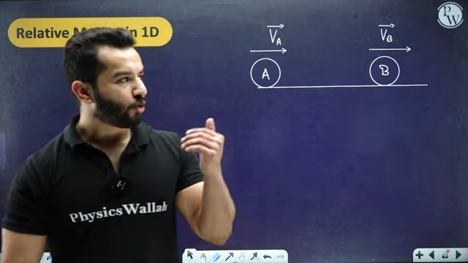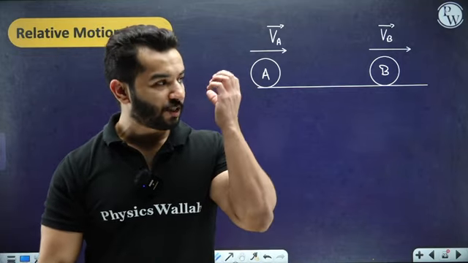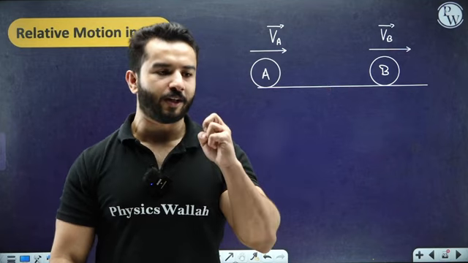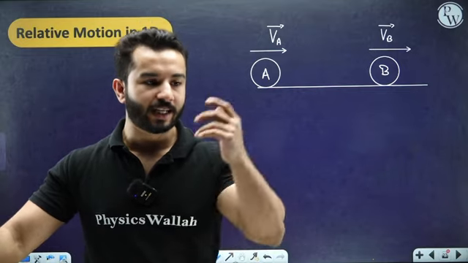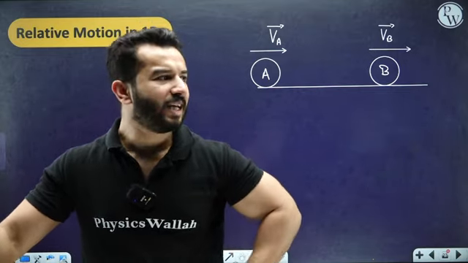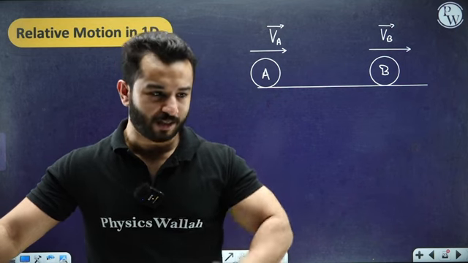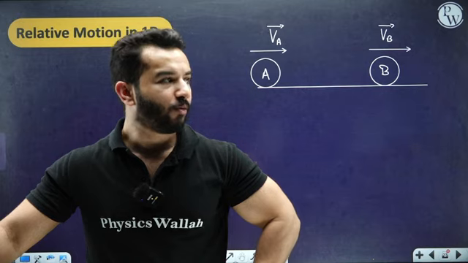And all of those questions in which they say find out when this particle will chase the other one, or when this car will overtake the other car, all of these questions will be easily done by relative motion and by the trick that I'm going to explain to you, right?